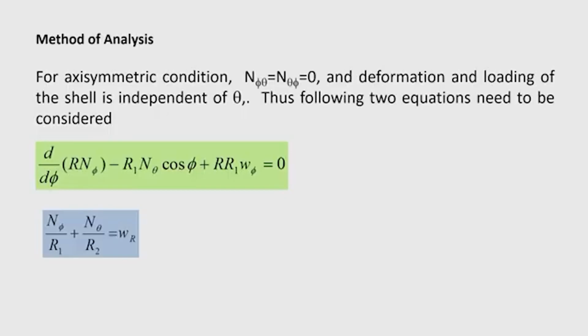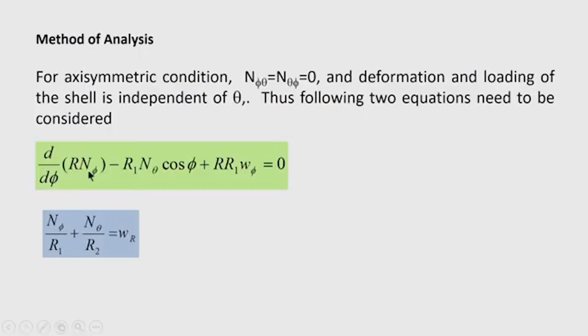Now, since the analysis is carried out in the axisymmetric condition, we assume that the membrane shearing forces n theta phi and n phi theta are 0, and the deformation and loading produced in the shell due to internal pressure are all independent of theta. Thus, the following two equations are to be considered for the analysis.